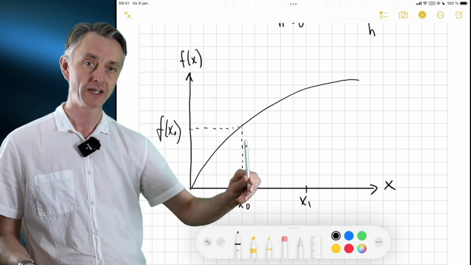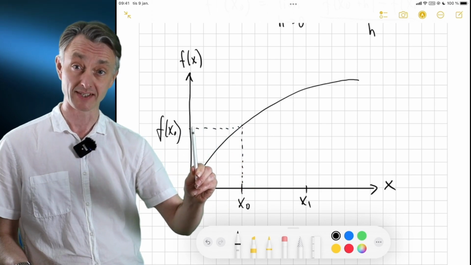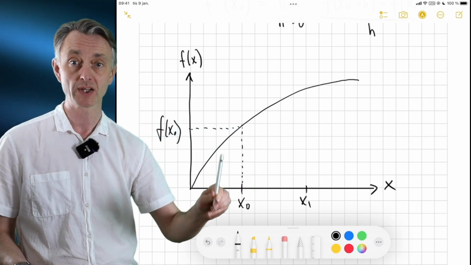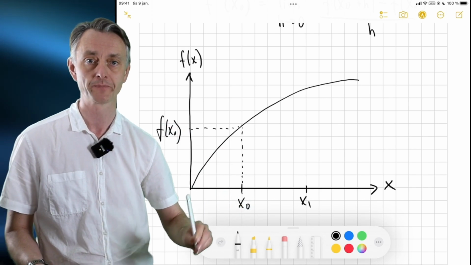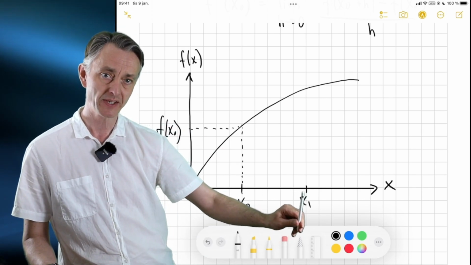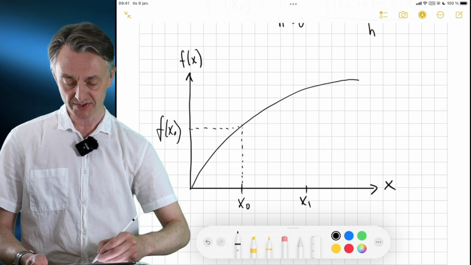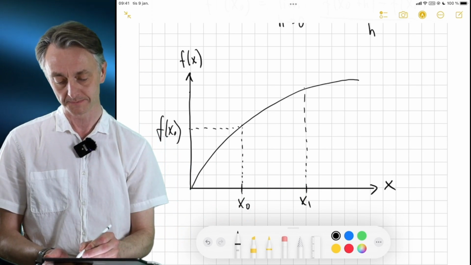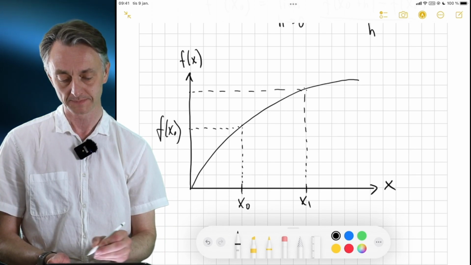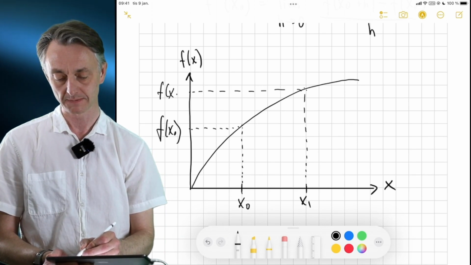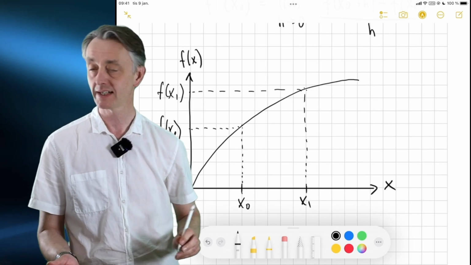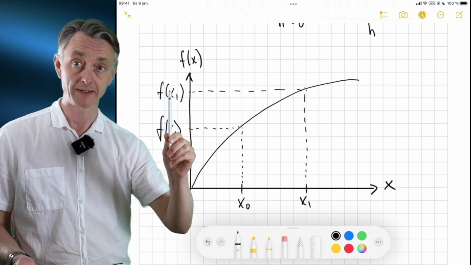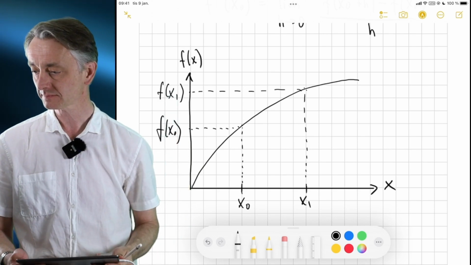You go up here, you read off the graph, and you read off this axis here. This is the value of the function f of x when we input the value x0. And then we take another, bigger value x1, and we do the same thing. And here we have f evaluated at x1.